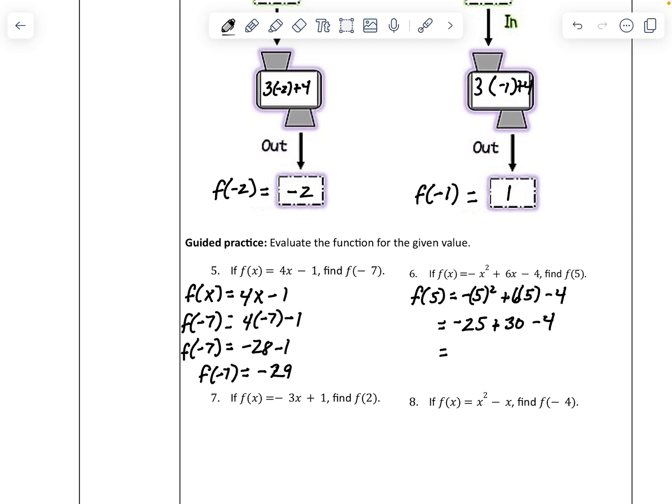So we're going to have 25 plus 30, 45. Yeah, so f of 5 equals 1.